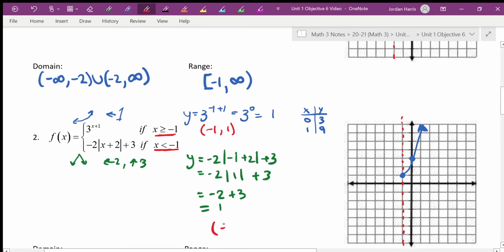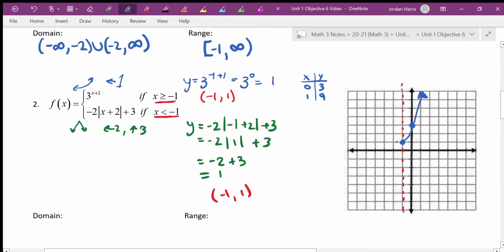So I end up with the same point. Again, it won't always work out that way. But a lot of people say, whoa, isn't that supposed to be a hole? Since it's filled in for one thing and it's the same spot, we just leave it filled in. If it was a hole and now it says we should fill it in, we would fill it in. So a closed dot trumps the open dot, or overrides the open dot.